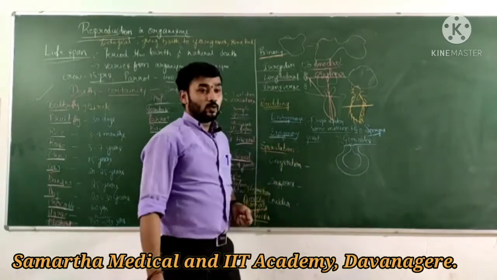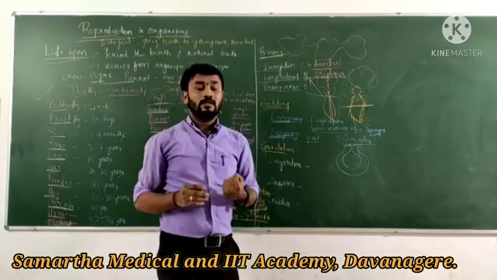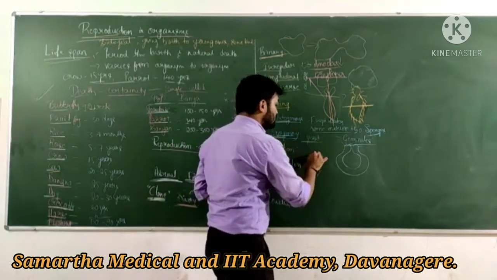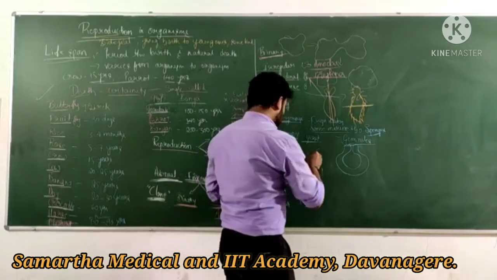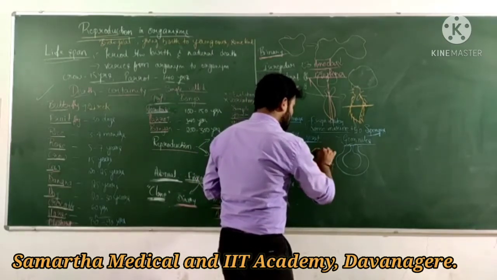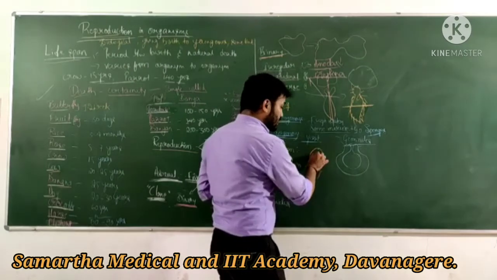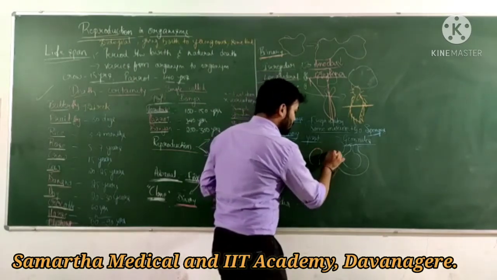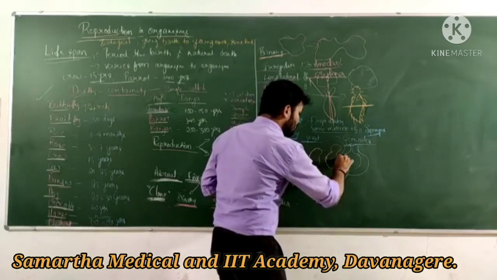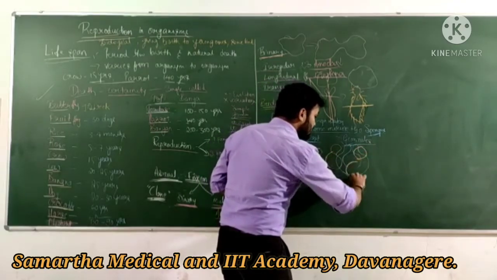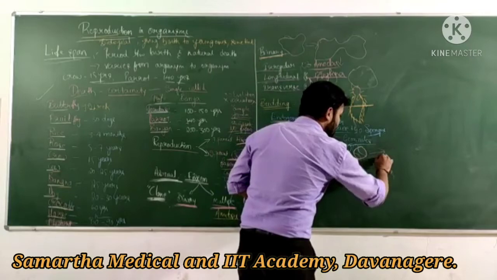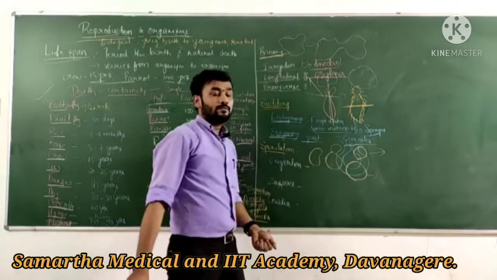And exogenously means what? From outside the body. Means from the buds which protrude outside. So here, if you assume it is the yeast, this yeast will again produce a bud, then this bud will get separated and each will act as a new individual.